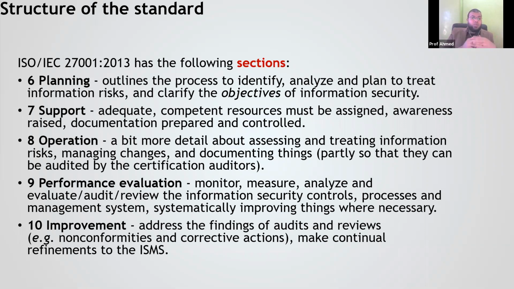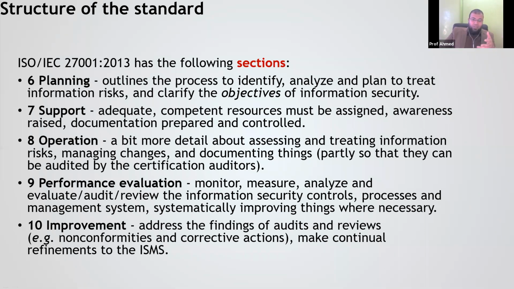Then the performance evaluation, clause 9. If you see here, number 6 is plan, number 8 is do the operation, and number 9 is check. Performance evaluation is to monitor, to measure, to analyze, and to evaluate.